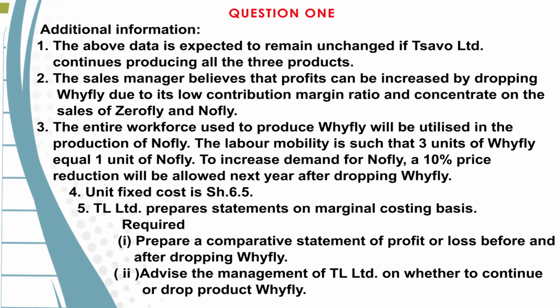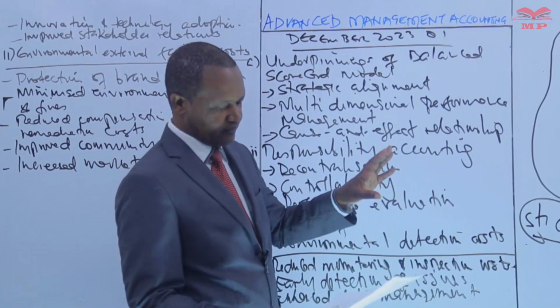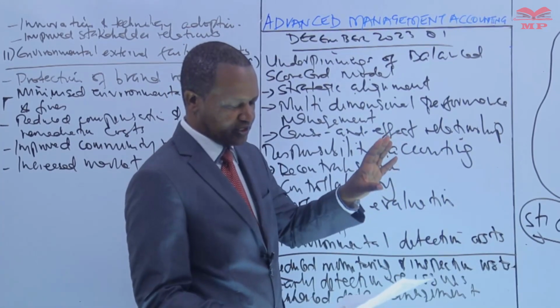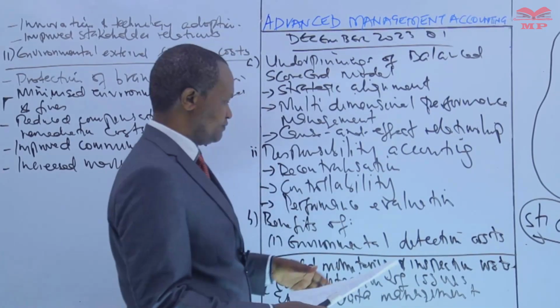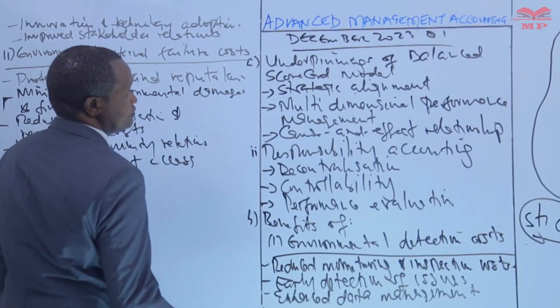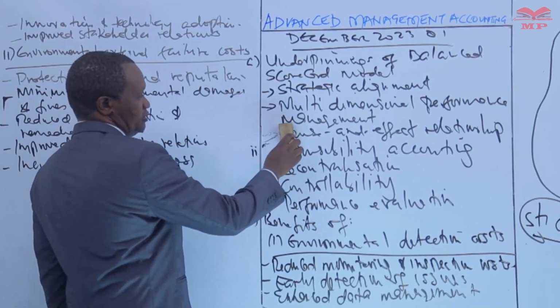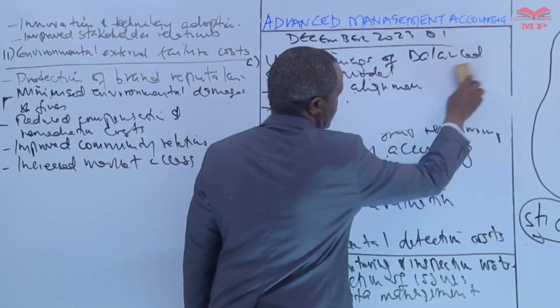So we are going to prepare a comparative profit and loss, with a profit or loss for each product. That is what is required here. So allow me to do away with this part of the board.